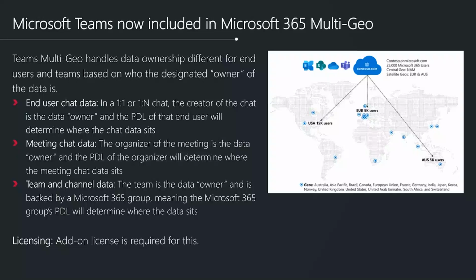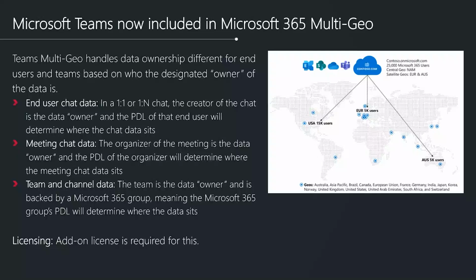Microsoft Teams has now been added into that mix, and based on either a user's or a group's PDL, which is preferred data location, it will put the data into an in-country or in-region data store. And again, this is a compliance feature.